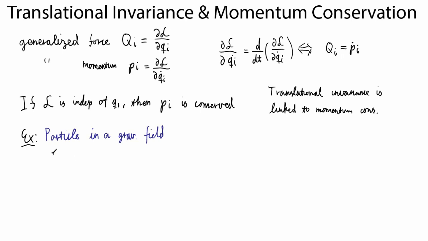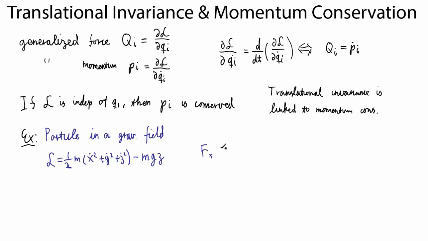So in that case, the Lagrangian is just 1/2 m times x dot squared plus y dot squared plus z dot squared, and then we have to add in also minus the potential. Okay, that's what the Lagrangian is.